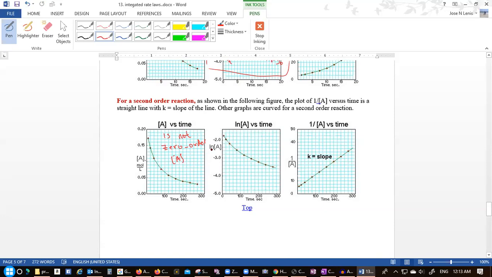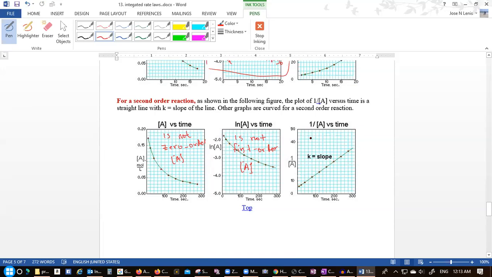On the second graph, natural log of A against time, what is your conclusion when you see this graph? You say your reaction is not first order with respect to concentration of A. And what would you say about here?